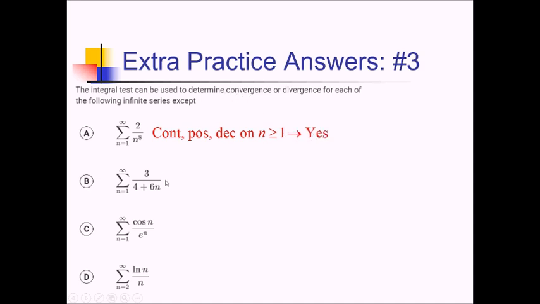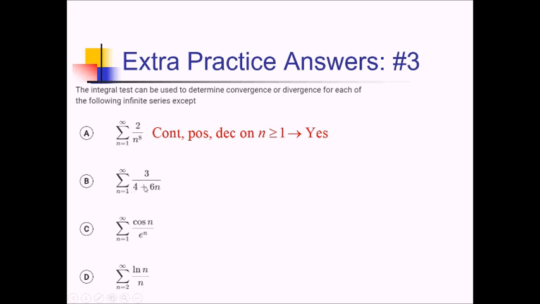So moving on to choice B then, this is going to be continuous as long as n is not whatever would zero out this denominator. If I set this denominator equal to 0, I would have to subtract 4, divide by 6. I'm not going to get even an integer, let alone a positive number. So we're definitely going to be continuous for all values of n that are greater than or equal to 1.